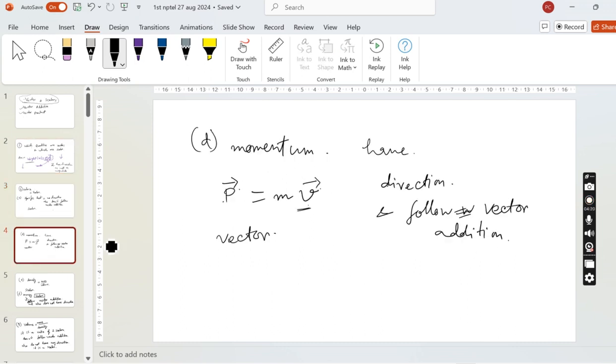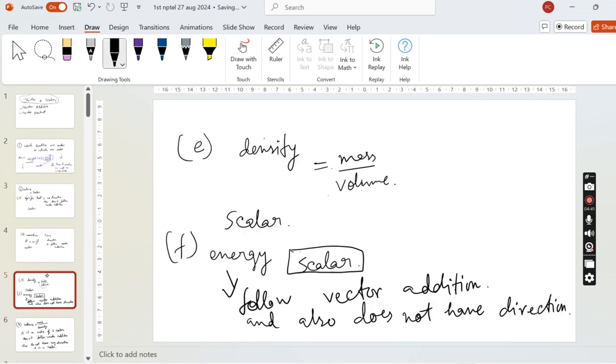Again, the next quantity is momentum. We know momentum is mass into velocity, and velocity has a direction and follows vector addition. So momentum is also a vector quantity. The next thing is density. Density is basically mass per volume. Mass and volume are both scalar quantities, so density is also a scalar quantity.